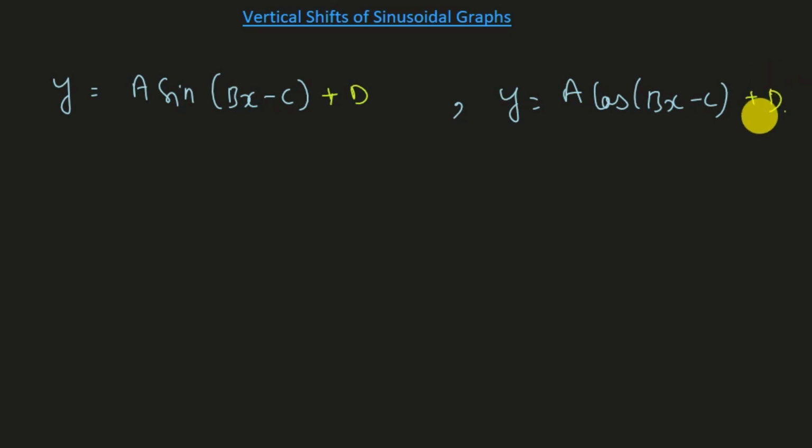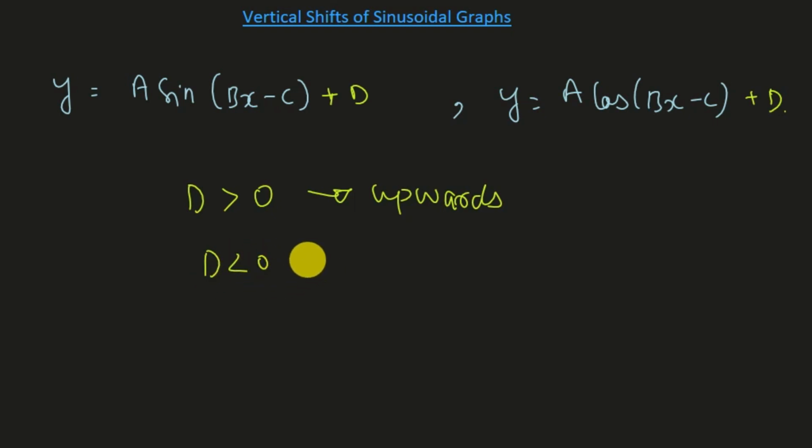This constant d causes a vertical shift in each of the graphs, and if d is greater than 0, positive, then the graph is shifted upwards, and if d is negative, less than 0, then the graph is shifted downwards.